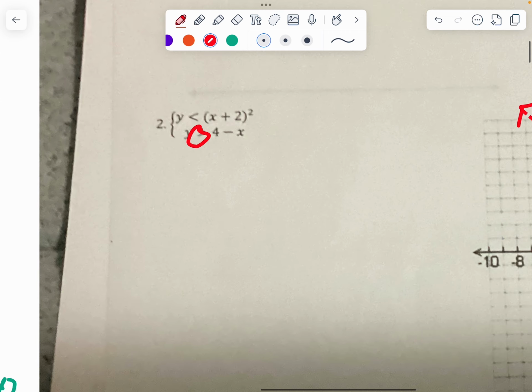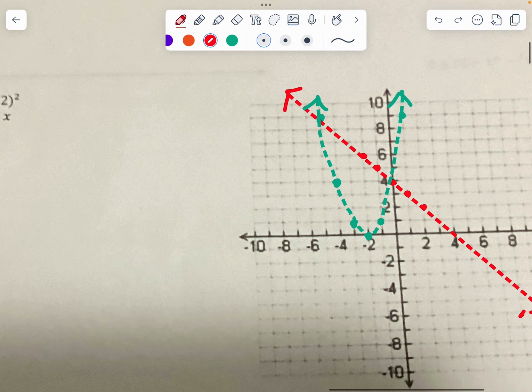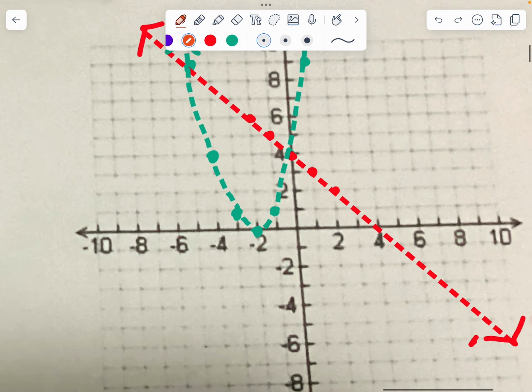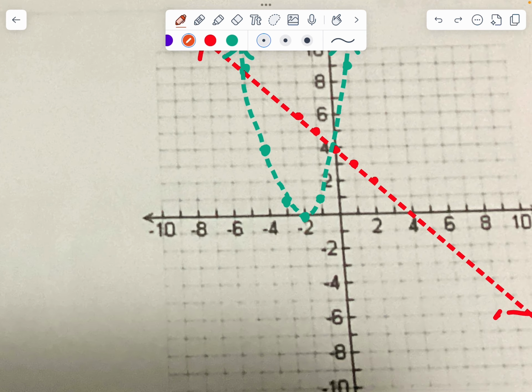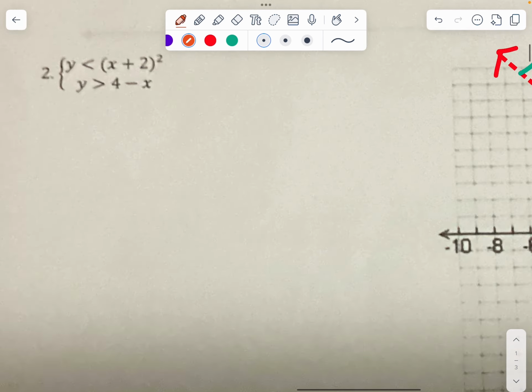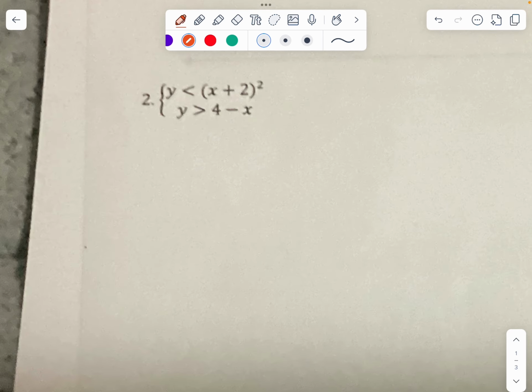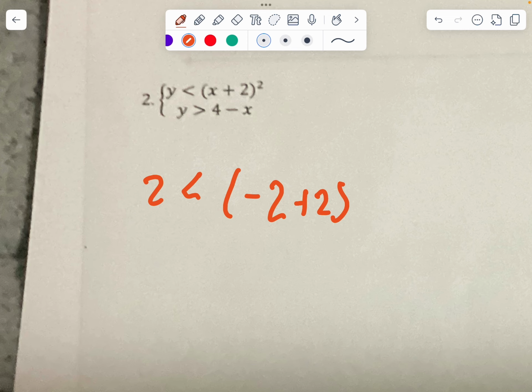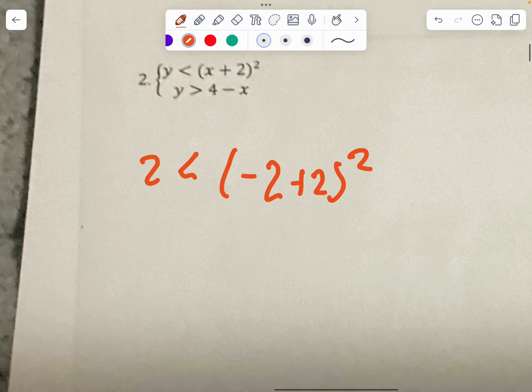Now we have to test a point to figure out what part to shade. So I'm going to test the point -2, 2, this point right there, for both. So we'll do 2 is less than -2 plus 2 squared. 2 is less than 0 squared.